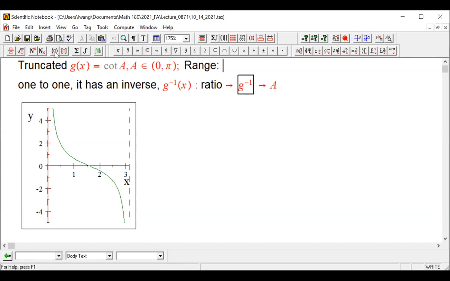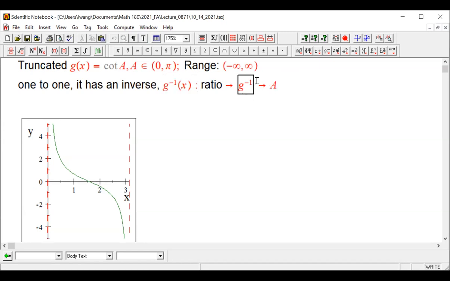The range is, of course, from negative infinity to positive infinity. It's the inverse before we even give a name to the inverse. What will be the domain and range of G inverse? What's the domain and range for G inverse?